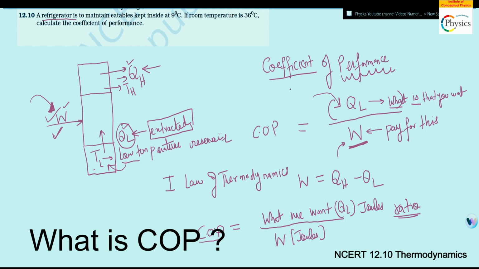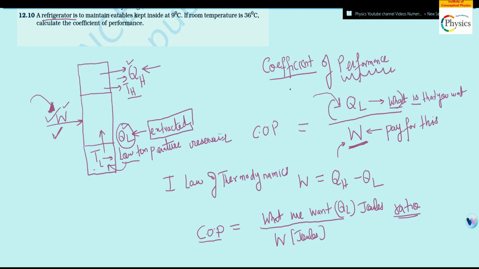What I will do is convert this formula into temperature of the high temperature reservoir, where you extract the heat and throw the heat by doing the work. We wrote this equation, which is the first law of thermodynamics. So we will convert the coefficient of performance.